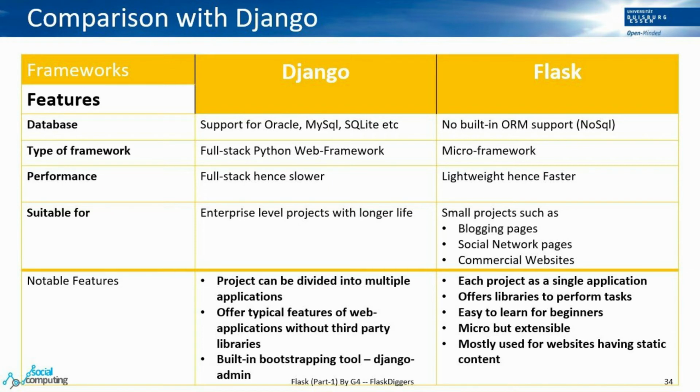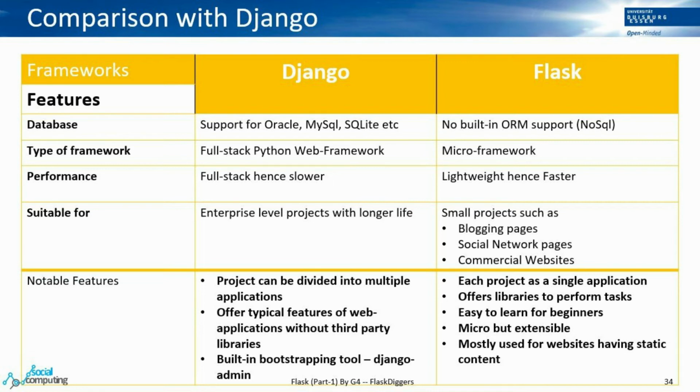We will make the comparison based on their features. So this first point here is the database. Django can be used with databases such as MySQL, Oracle, or SQLite. But on the other hand, if your application needs a NoSQL database, then Flask is the best choice for this. One NoSQL example is MongoDB.